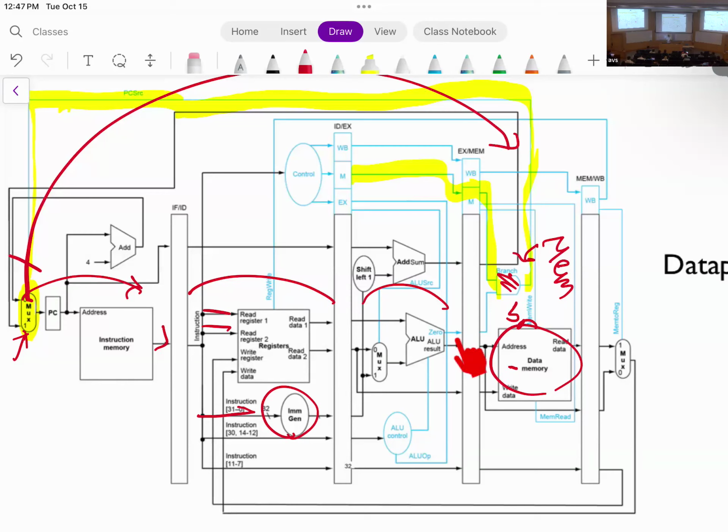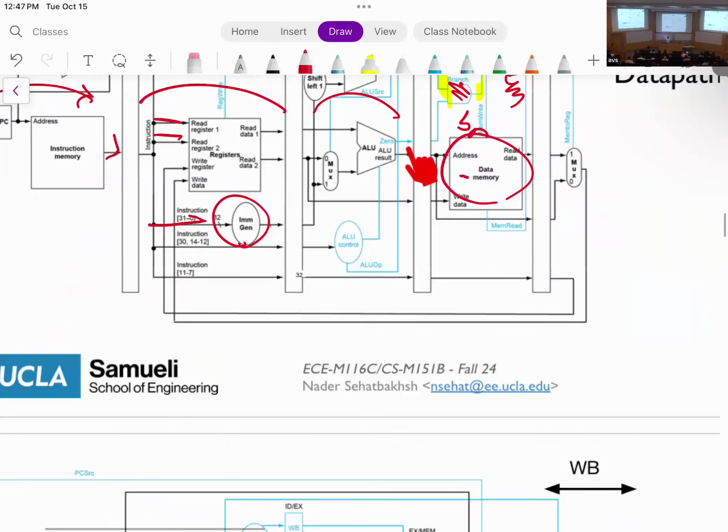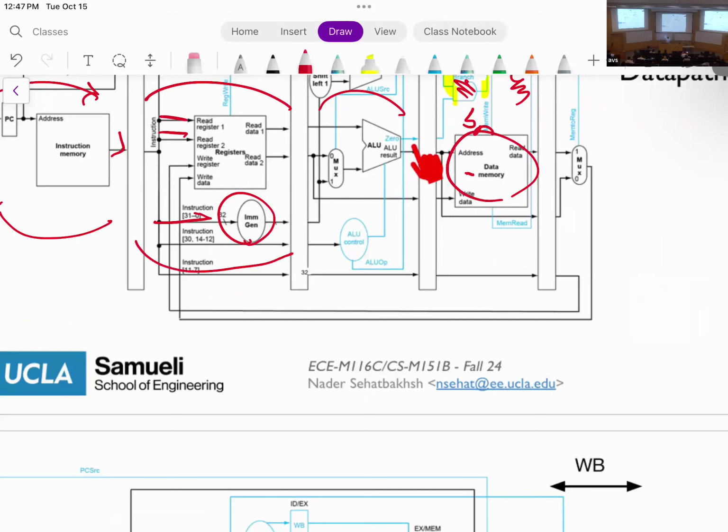But now we are processing multiple instructions at the same time. I'm processing one instruction here, a different instruction here, and a different instruction here, and so on and so forth. So at any given time, 5 different instructions are being processed, each one also in process in parallel. That's the maximum amount of parallelization we can have in the system.